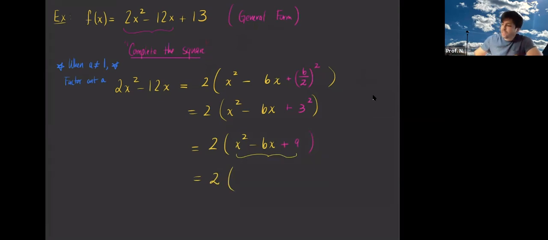Does anybody know how to factor this? X minus 3 squared. Very good. So this becomes x minus 3 squared, correct? Okay. So remember, we just took these two terms and we completed a square. So we found that this term here can be rewritten as 2 times x minus 3 squared.